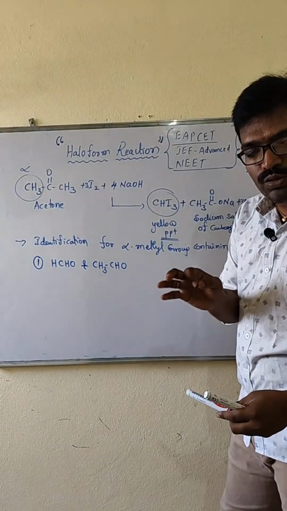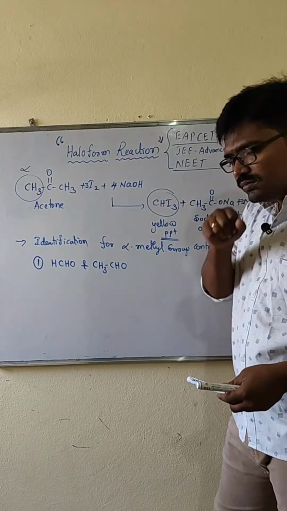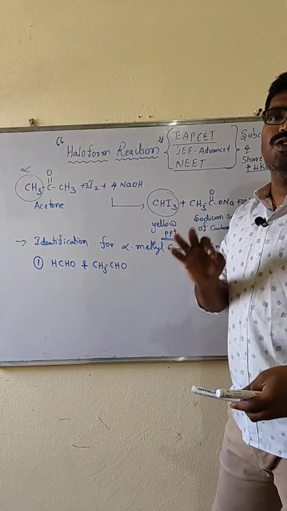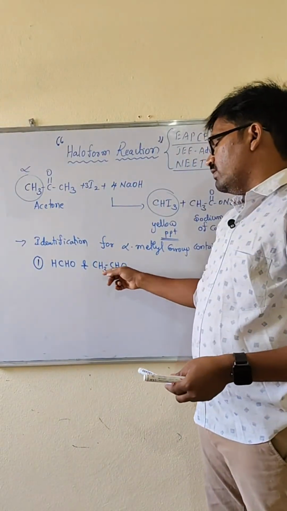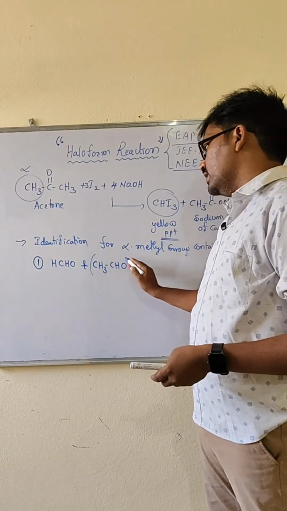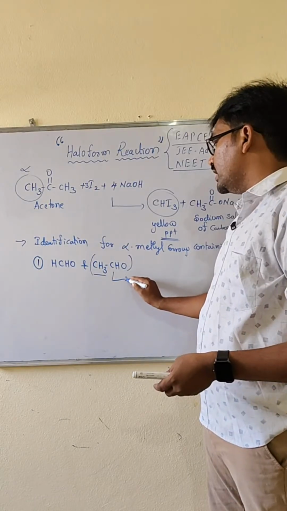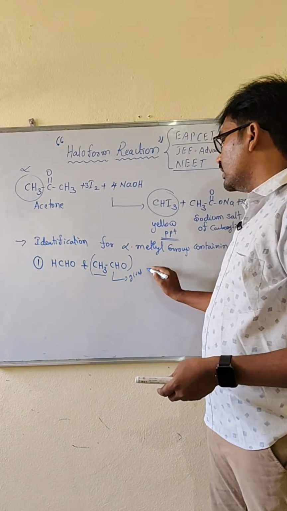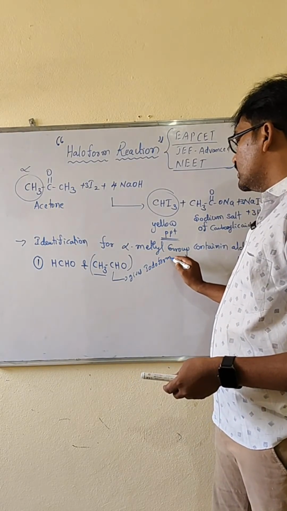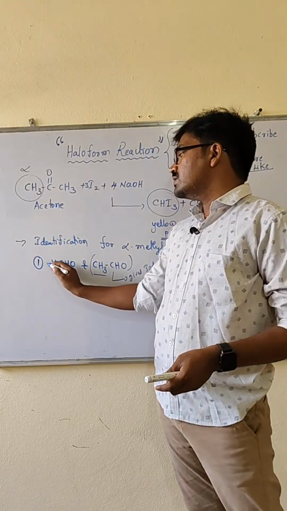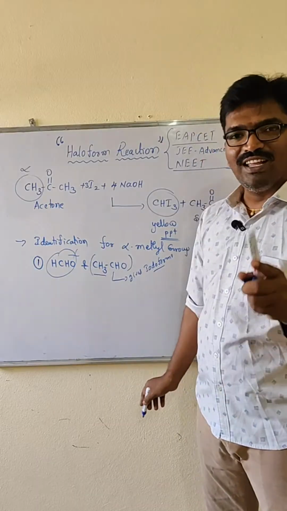Which test is used? The haloform test is the best method, because CH3CHO has an alpha methyl group, so it gives the iodoform test. Due to the absence of an alpha methyl group, formaldehyde does not give the iodoform test. Clear, my dear students?